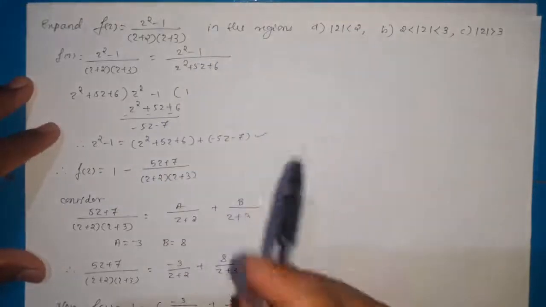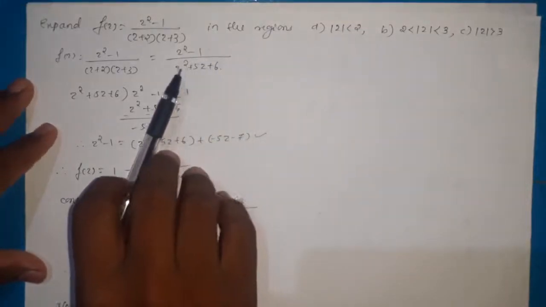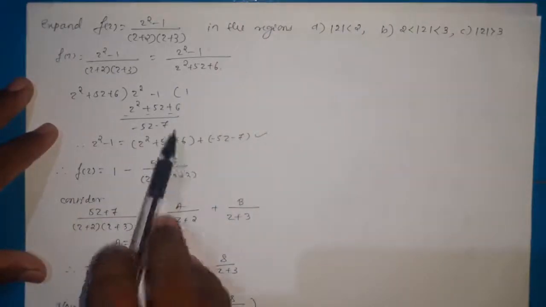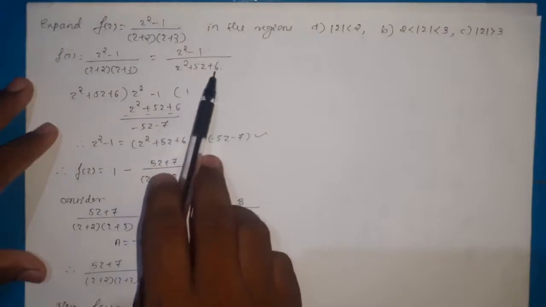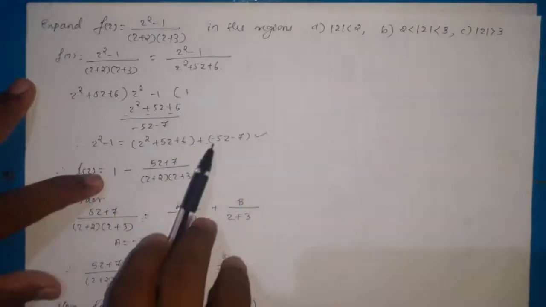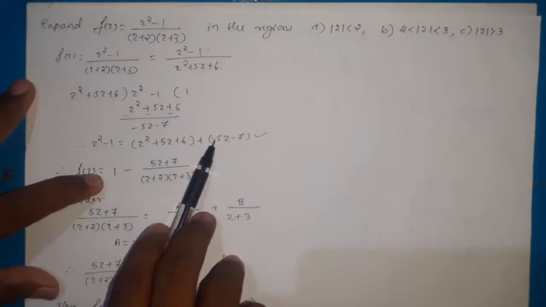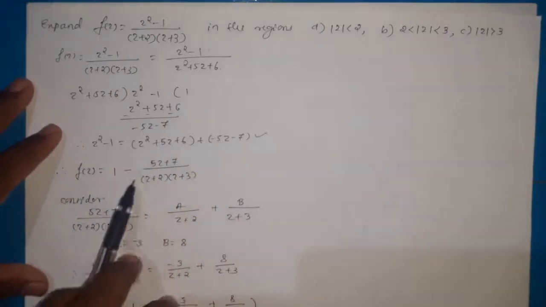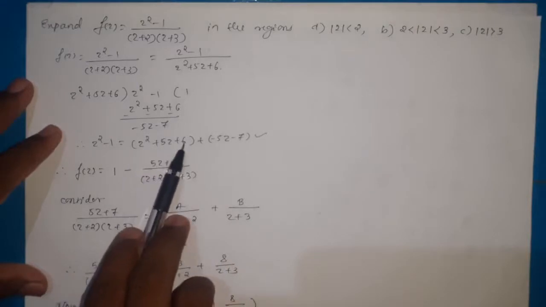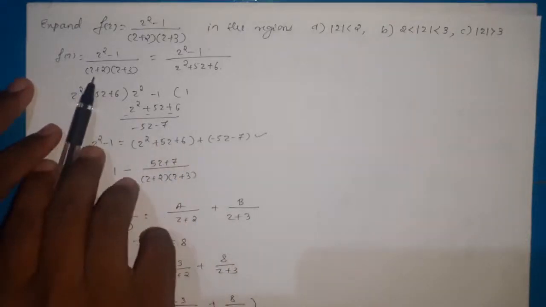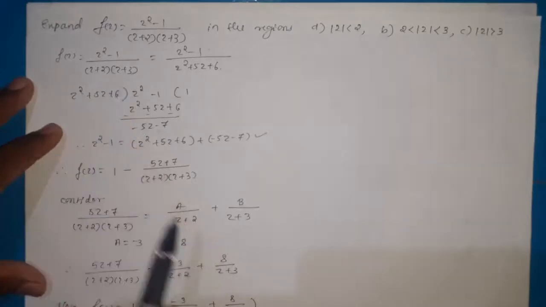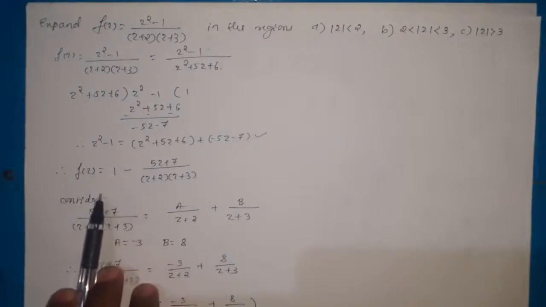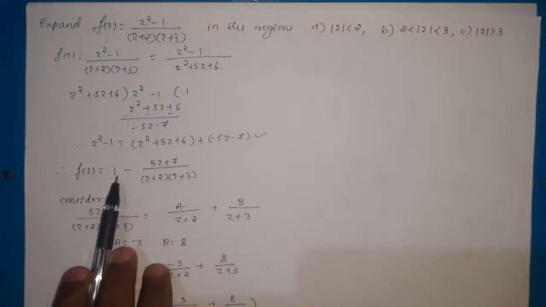Separately dividing, z square plus 5z plus 6 divided by z square plus 5z plus 6 is 1, and taking the negative sign common, minus (5z plus 7) divided by z square plus 5z plus 6, which is equal to (z plus 2) into (z plus 3). The same thing I have written here, and this becomes f of z.